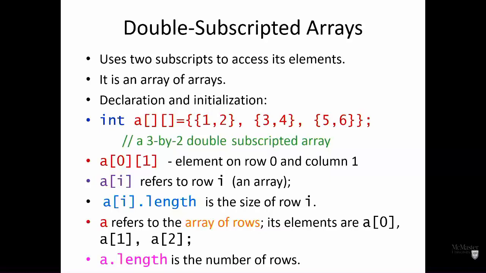Yes, but this is the basic thing, because you have multiple A[i]s, right? So now A.length, as you said, gives you the number of rows, right? But I see what you are referring to.